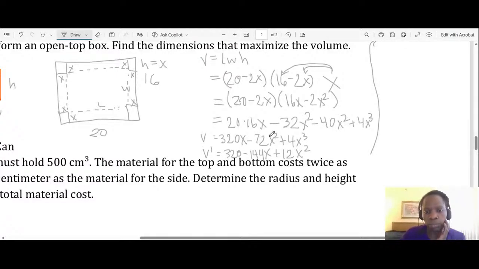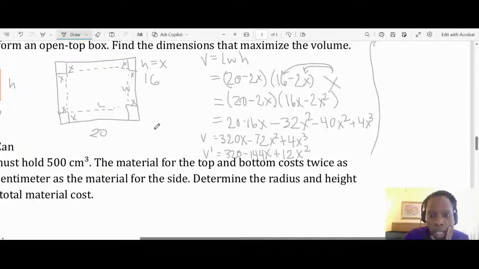Now, if we take out a 4 in all of these, then when we set it to 0, I think that's where I messed up. B is not 18 because 144 divided by 4 is not 18. So that's where I messed up.